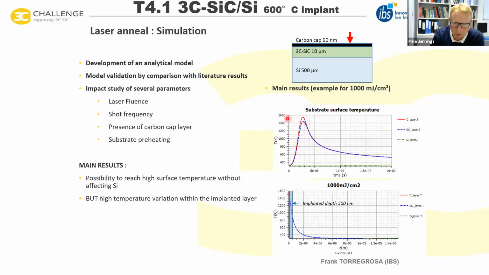We can see the surface substrate temperature as a function of time. For this particular case, the laser fluence is 1,000 millijoules per centimeter squared. And you can see the temperature profile of the silicon carbide, right? And it doesn't affect the silicon lattice.